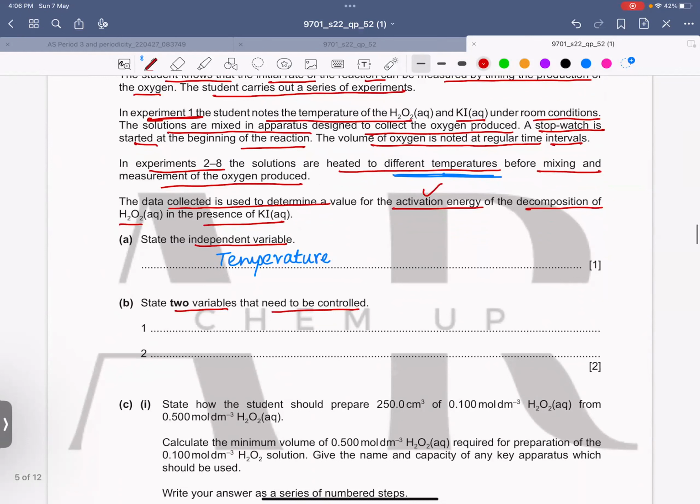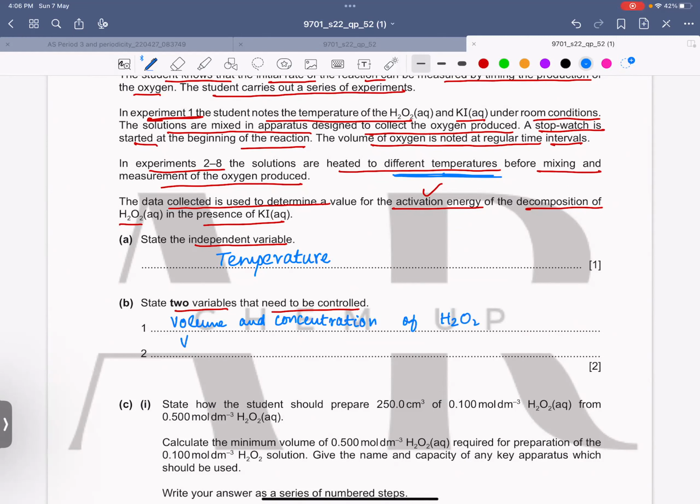So we are using 2 different reagents, and both are aqueous. One is a catalyst and one is our reactant, hydrogen peroxide. So we must take care that the volume and concentration of H2O2 must not be changed, because if it changes, it also affects the rate, right?